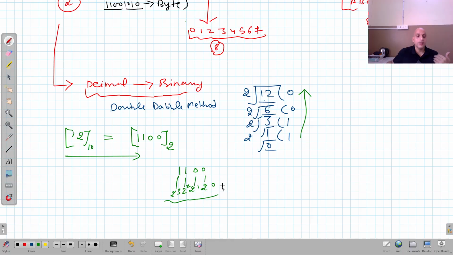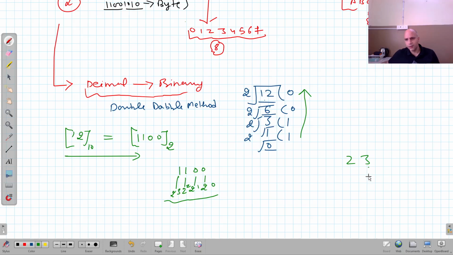So the place value of each digit in this number system is taken as a power of 2 starting from 0. We are doing the same thing in the decimal number system when we write the place values. Take the case of, for example, 23.